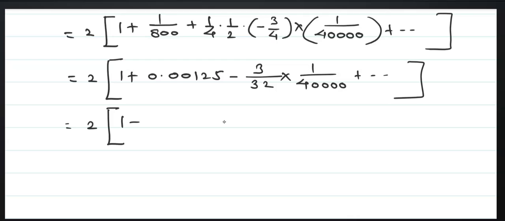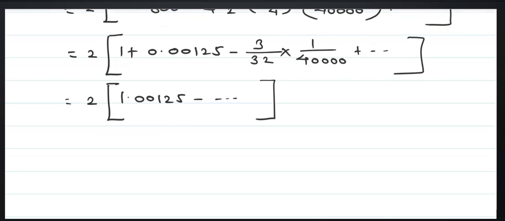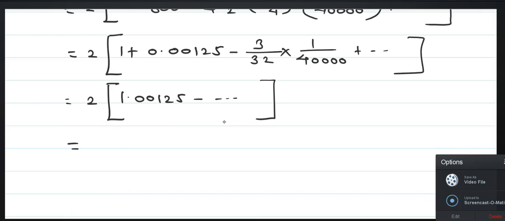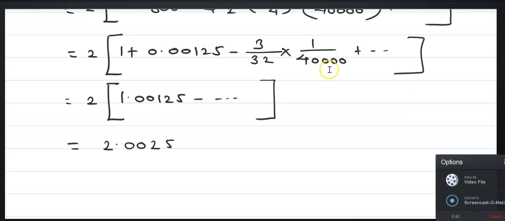Now here get the calculations. Addition of these two, you will get 1.00125 minus a small term, and this is the final answer because the above terms will be above the fourth-digit decimal point.